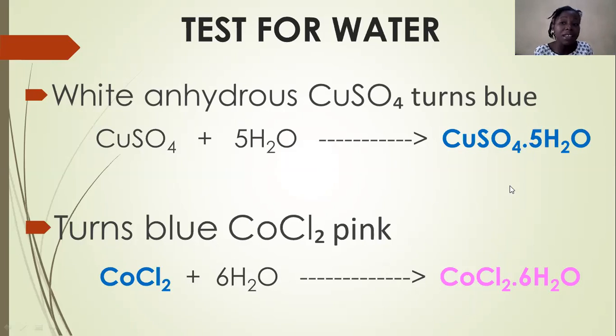So to confirm that the substance is water, you need to test it with either white anhydrous copper(II) sulfate, which turns blue, or cobalt(II) chloride, which turns pink in the presence of water. I hope we are getting this.